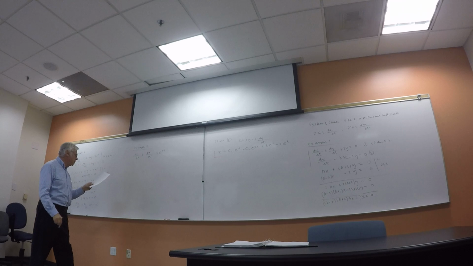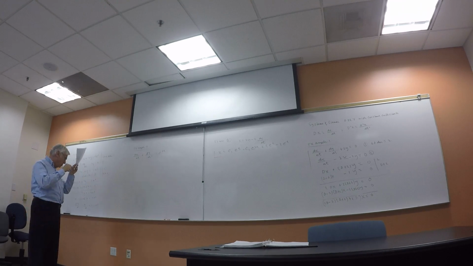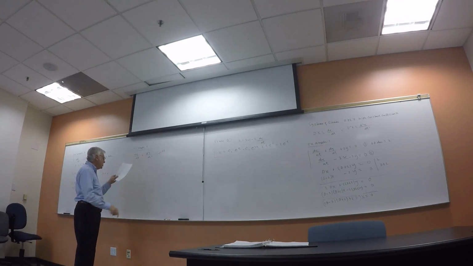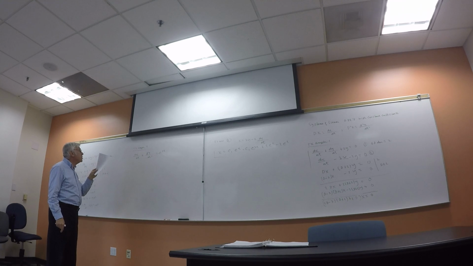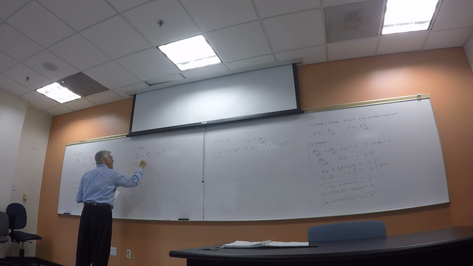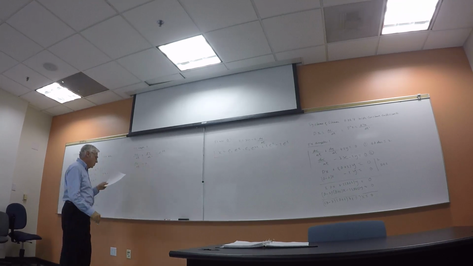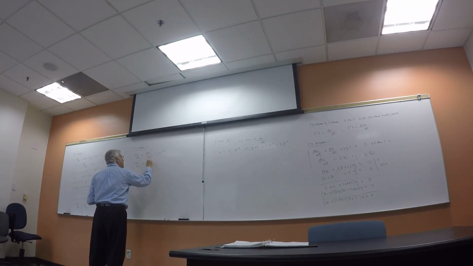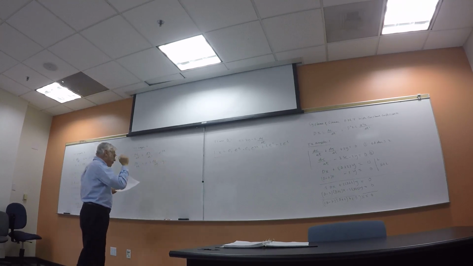The next equation is dx/dt plus x plus dy/dt minus y is equal to 4 e to the 3t.